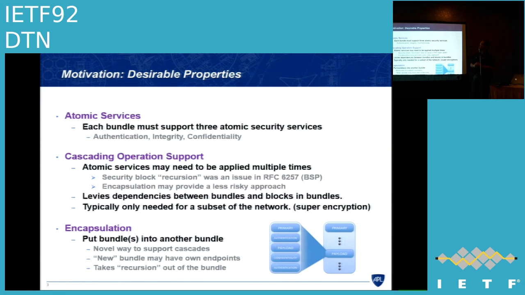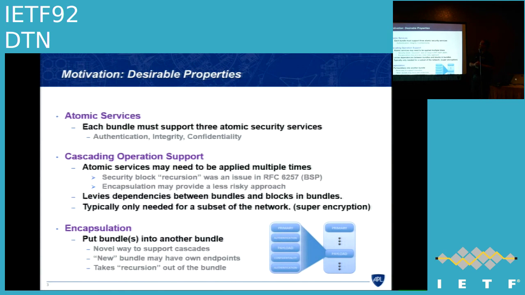We focus on the services of authentication, integrity, and confidentiality, where we differentiate authentication and integrity by saying that authentication is single hop between security-aware hops in the bundle network, and integrity is an end-to-end service.